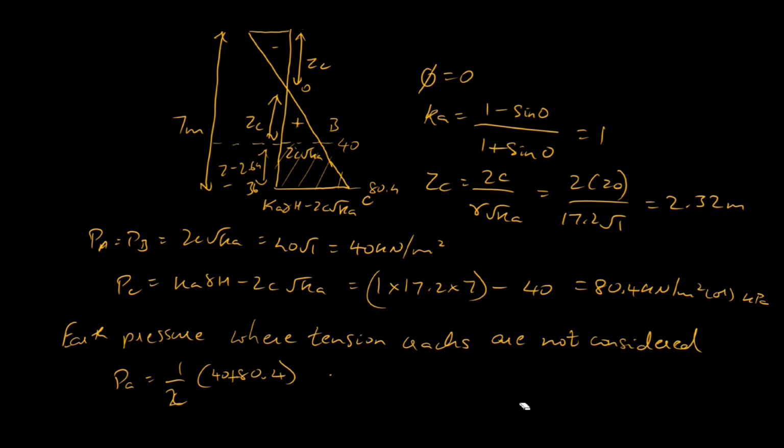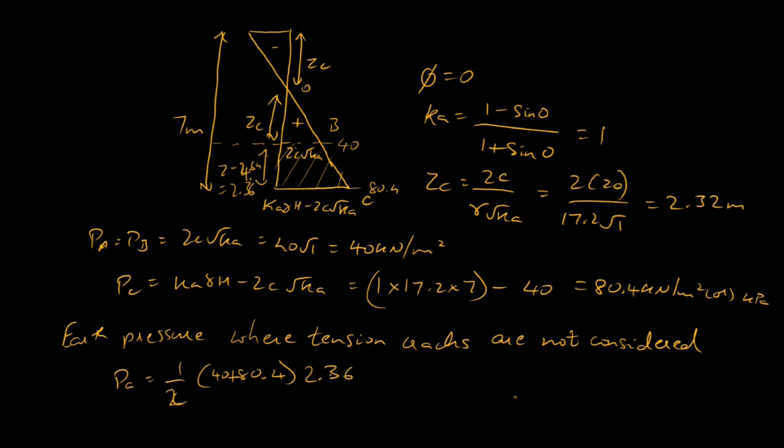See, this height is actually 7 minus 4.64. 7 minus 4.64 will be 2.36. Okay.